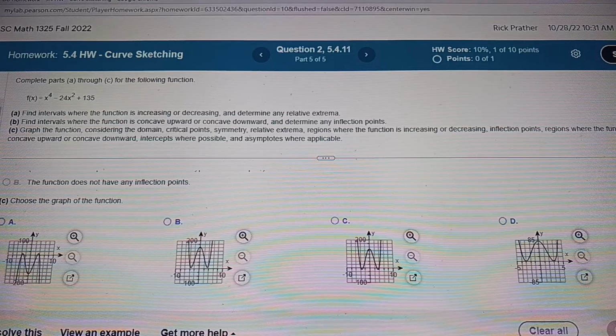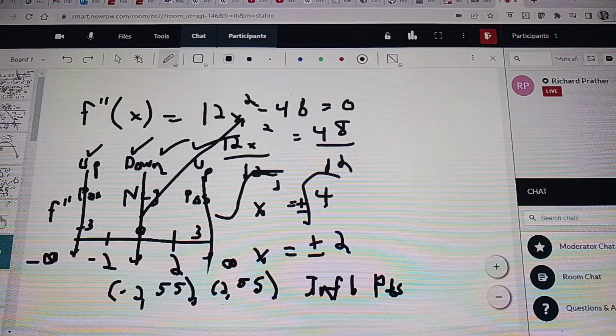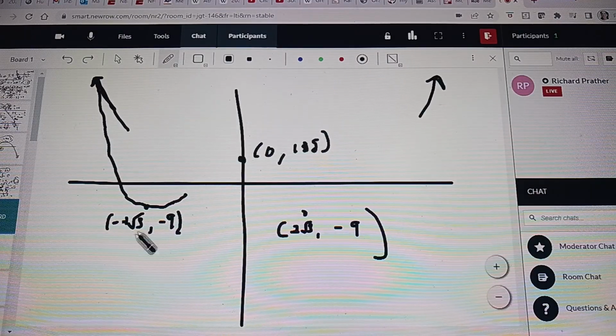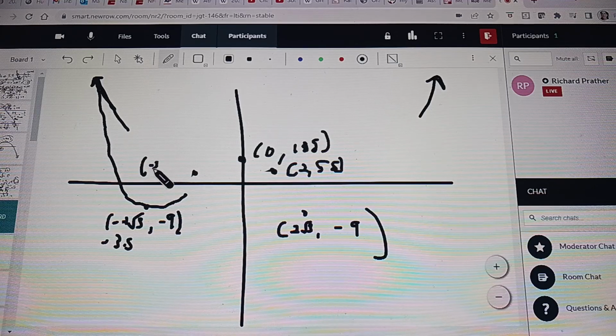Now do the graph. So that's what would help here, if this is -3.5 right here, when you hit -2, it would be somewhere like about here and there. Here is 2, 55 because that's 0, 135, and this is -2, 55. Those are the two spots where you stop curving like an upward parabola.